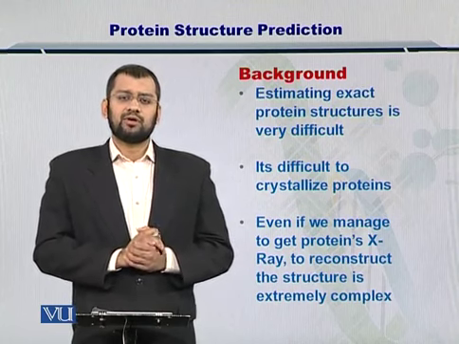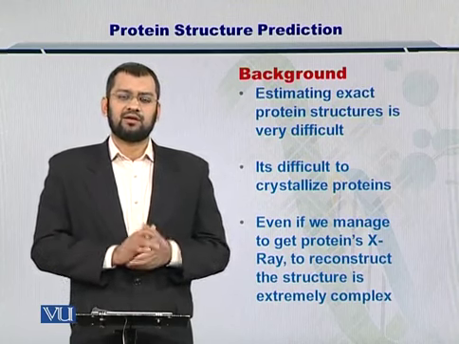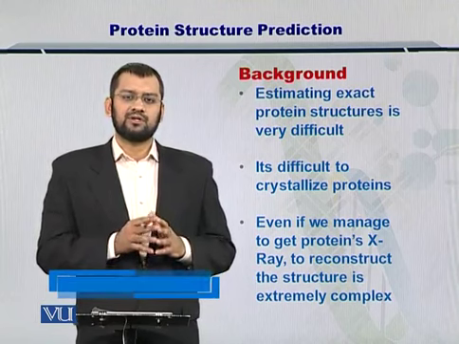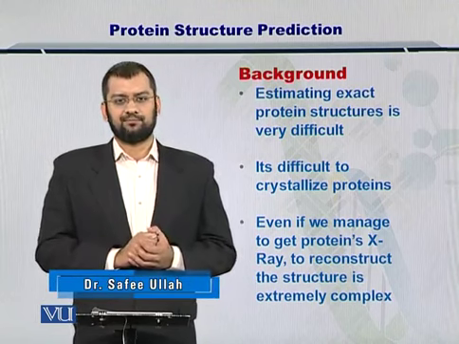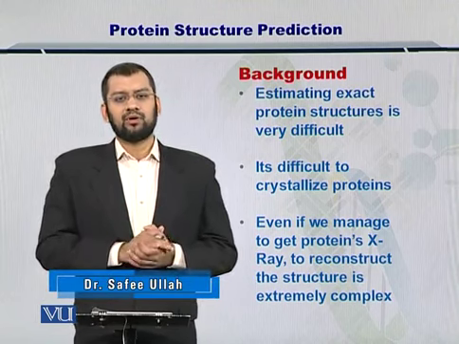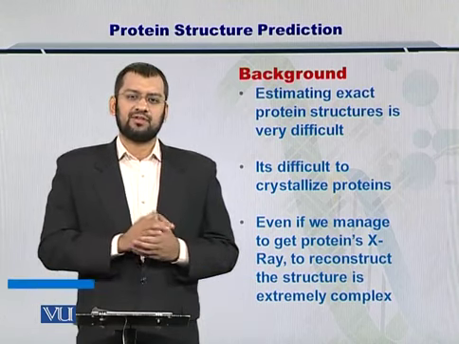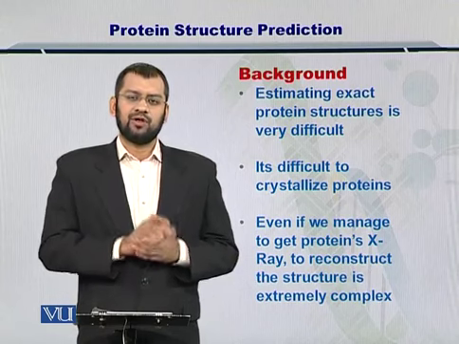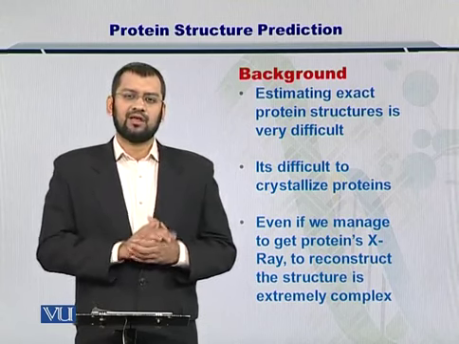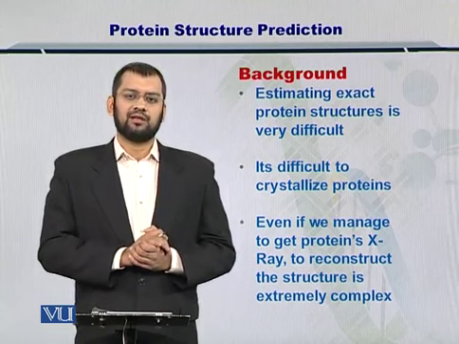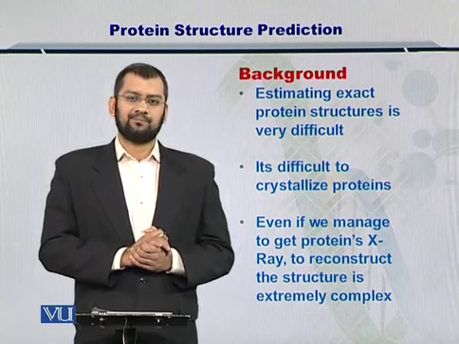The reason for such a situation is that determining the protein structure is an extremely complex problem. Moreover, most proteins do not allow crystallization. So therefore, if you cannot crystallize a protein, then you cannot obtain an X-ray crystallography for them.